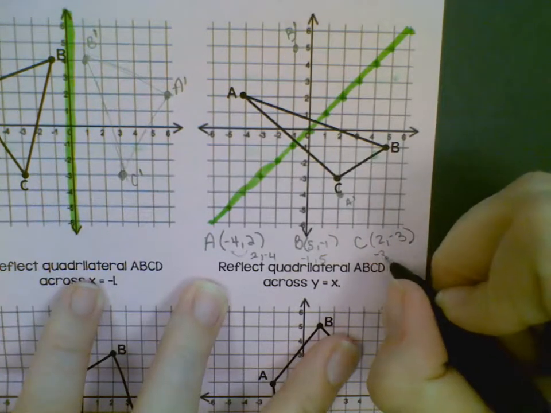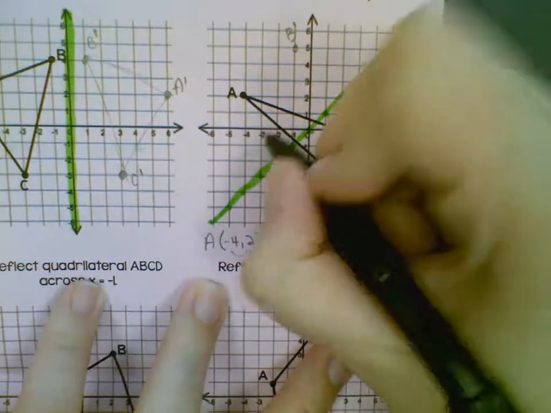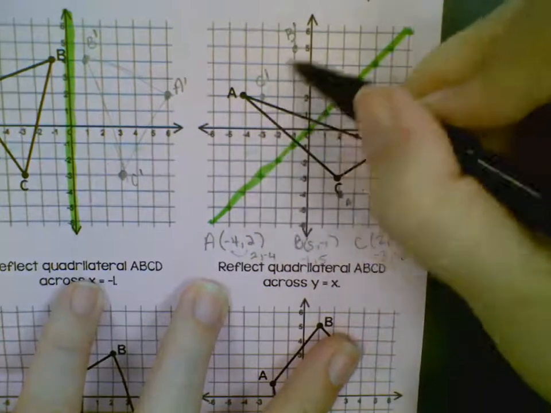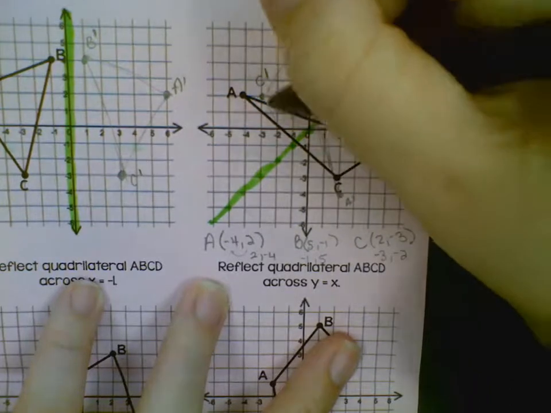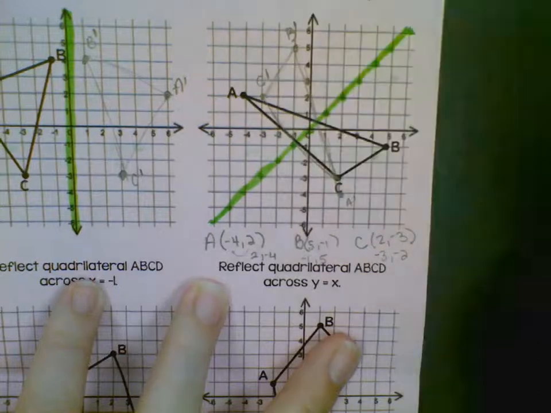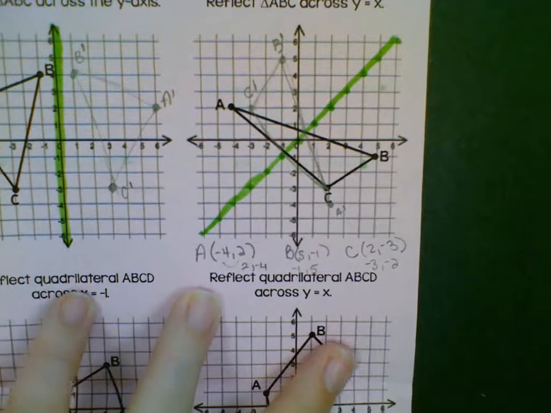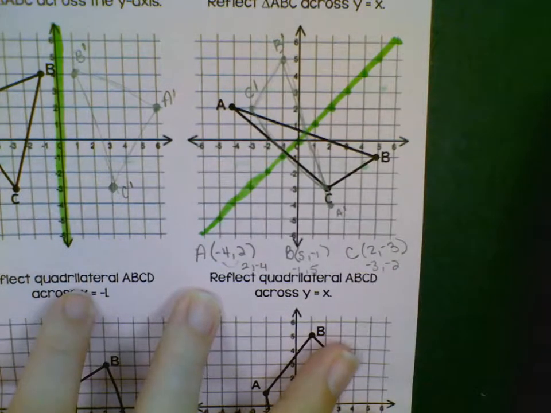So switch them and you have -3, 2. Then we'll connect, and that is it. So that's what we get. They're really on top of each other for this one. When you get to algebra, this is called they're inverses of each other because they flip over that y equals x line.